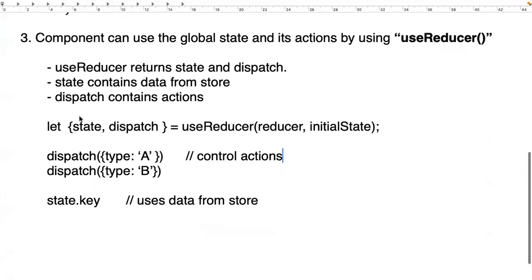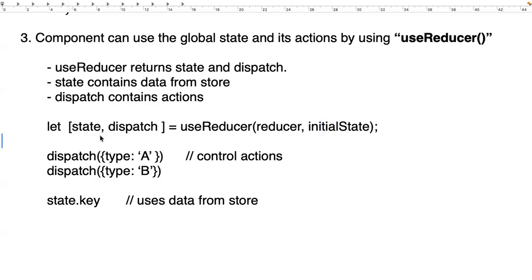It is not an object returned, it is an array return. Array return means array destructuring. So actually the initial state is an object. But useReducer is returning two elements: one is the state, another one is dispatch. So it is an array, and the initial state is object type. That's fine. So it is destructuring.